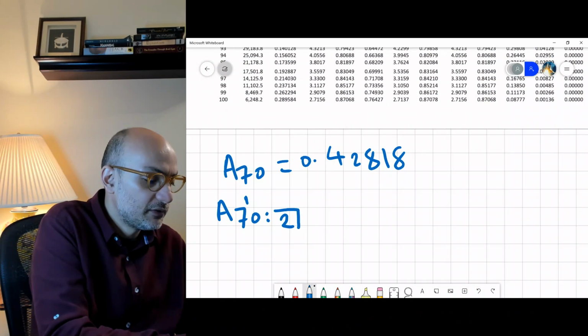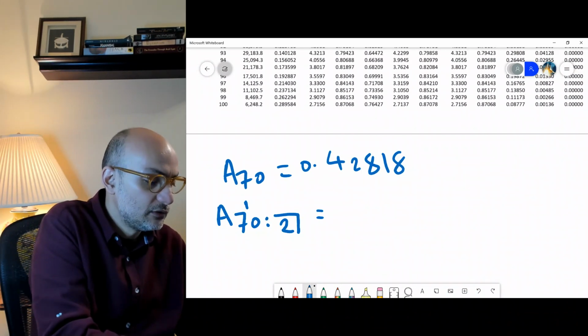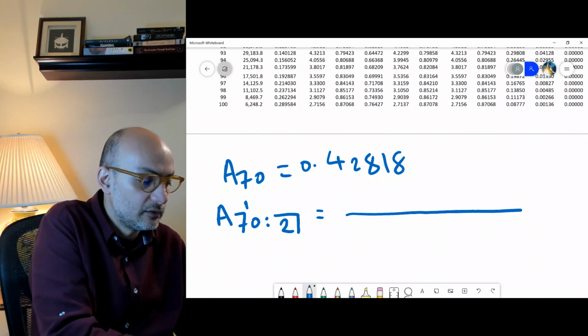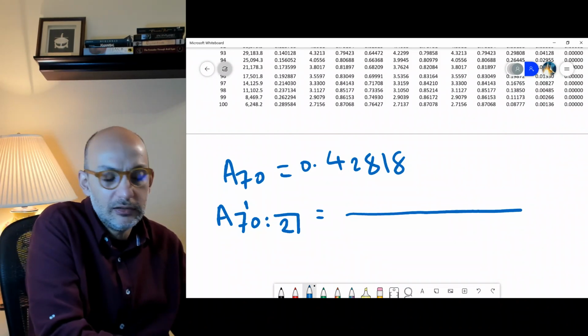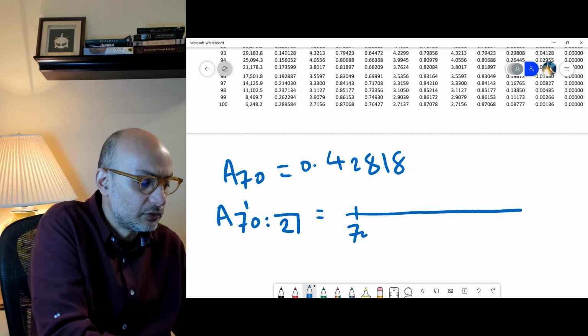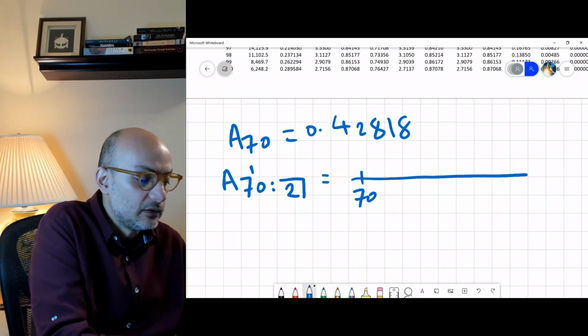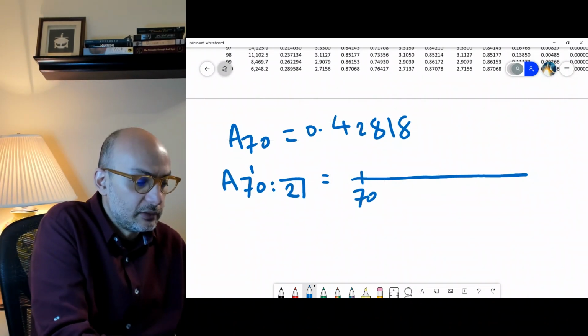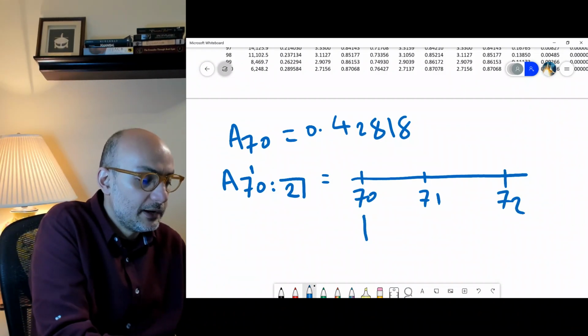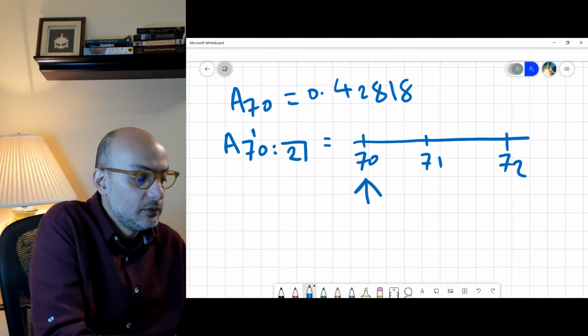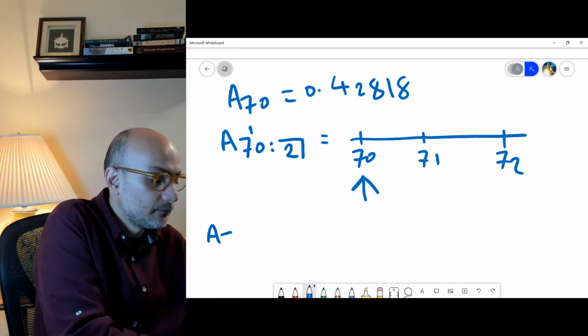There are several ways. One way I usually like to visualize it, especially if it's just a few years, 2 or 3 or 4 years, is to draw it out. So we are at 70, 71, 72. We have A70 term insurance for 2 years.